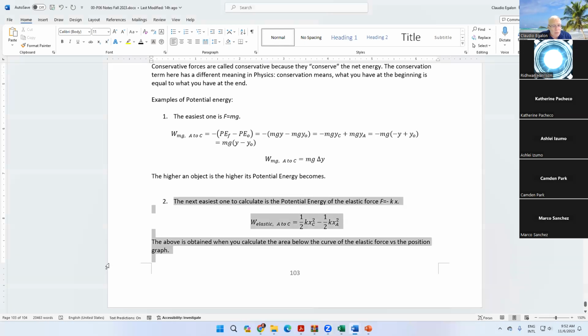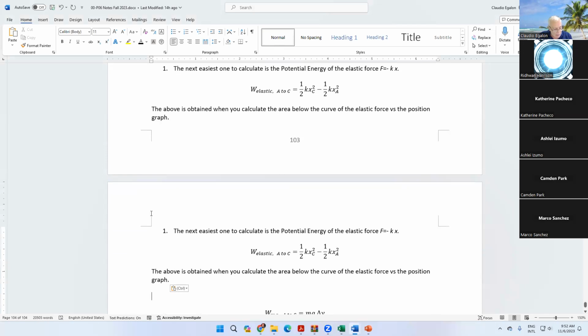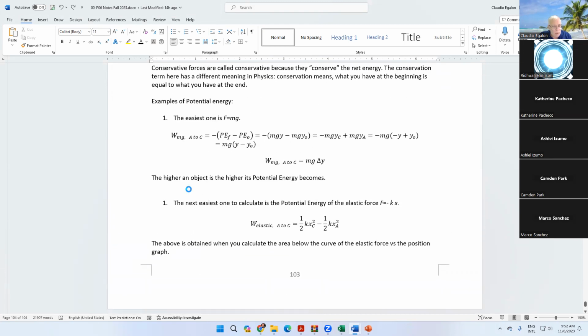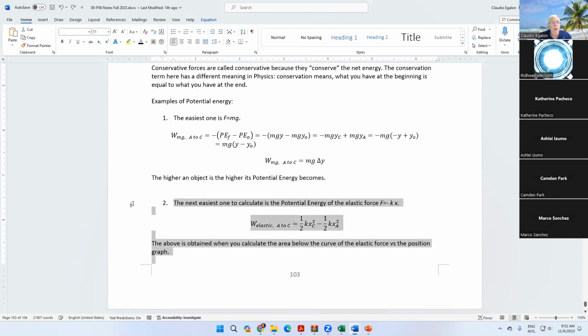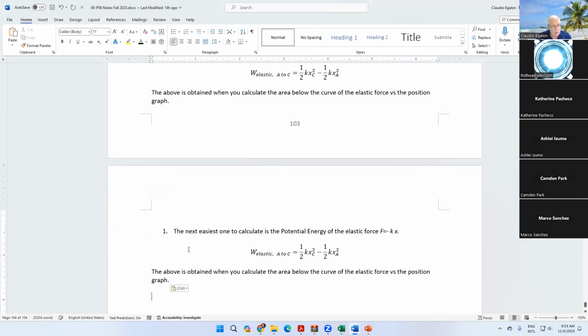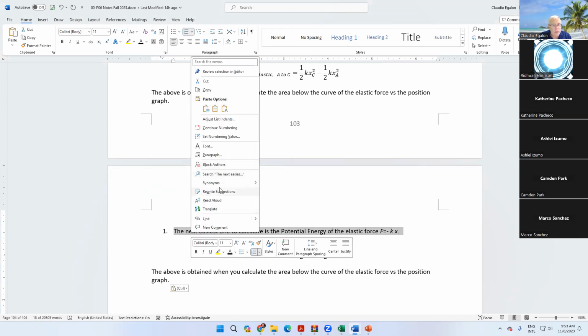The next one is more difficult to calculate mathematically. We need calculus. Let's set here number 3.